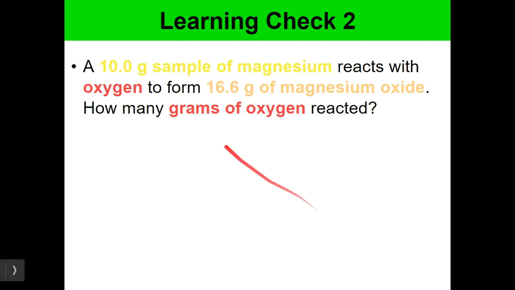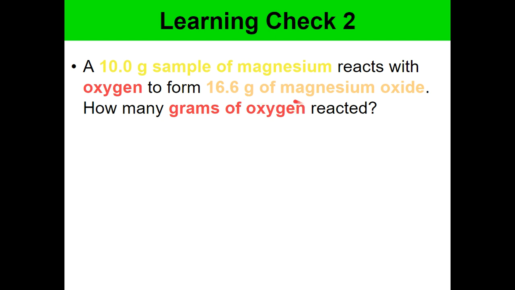Learning trick number 2. If you had 10 grams of a sample of magnesium which reacts with oxygen to form this many grams of magnesium oxide, how many grams of oxygen reacted? Okay, now this one's a little bit different because we had magnesium plus oxygen, but we don't know how much oxygen. That's what we're trying to find out.